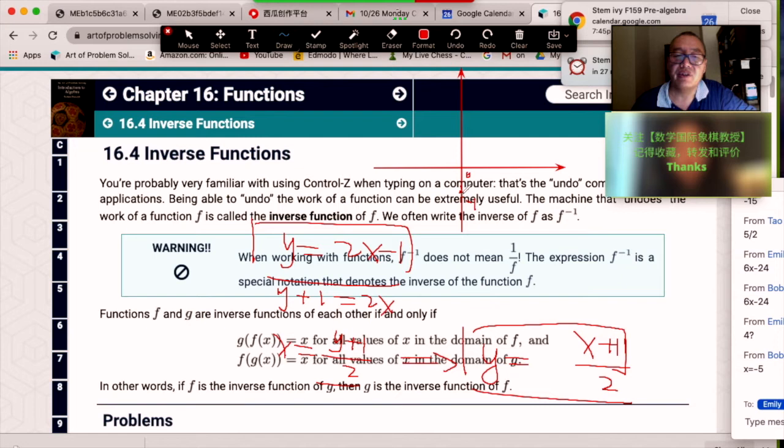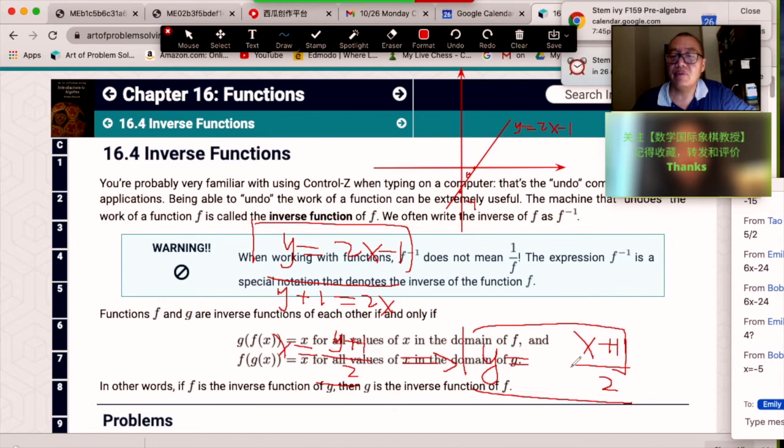When y equals 0, x equals 1/2. So it is here, this 1/2. Then you connect these two points. This gives you the graph of y equals 2x minus 1.